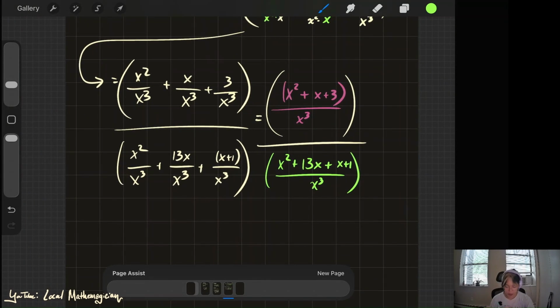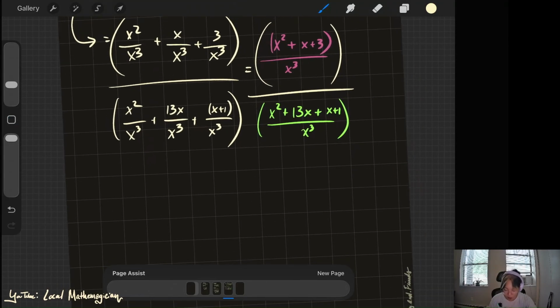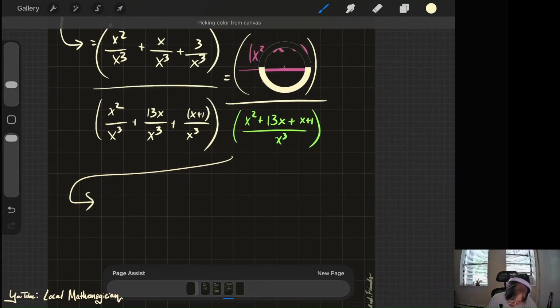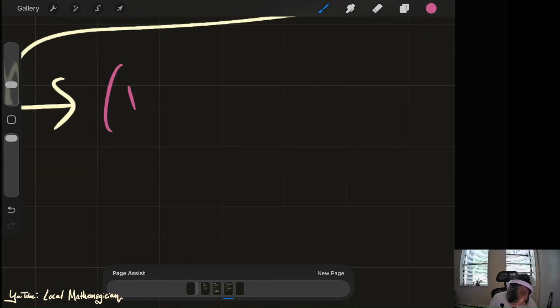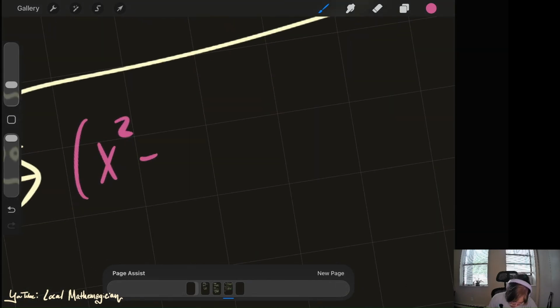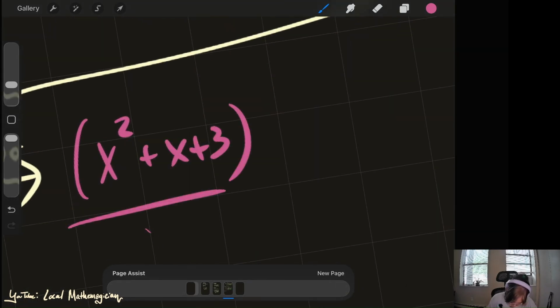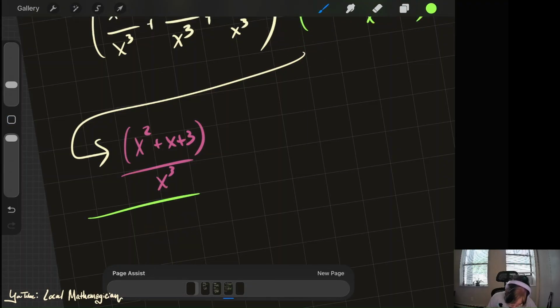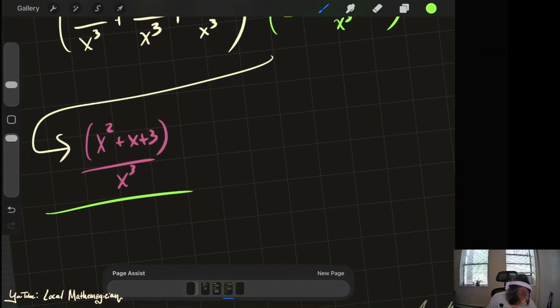Okay, let's do some combining like terms. We're going to treat it like any old rational expression, okay? Nothing to do on top. This would be x squared plus x plus 3 over x cubed all over, oops, forgot my parentheses. For this specific problem, parentheses don't matter as much, but I'm going to insist you guys do it because if you don't, bad things will happen to you. Okay?